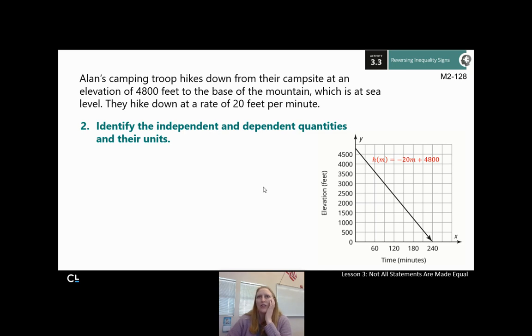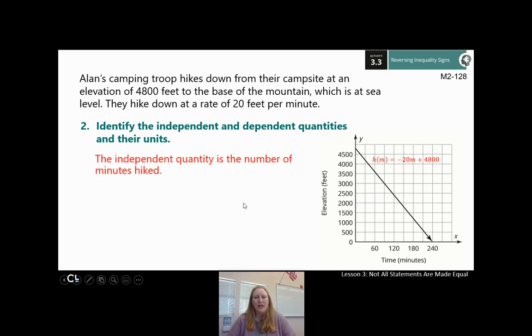Well, given the fact that the function was h of m, and also we know that the x-axis tends to be, you can totally use the graph, the x-axis tends to tell us what our independent quantity is. Well, check this out. It looks like the independent quantity is the number of minutes that we're hiking. The independent quantity is time, isn't it? It's the number of minutes that we have hiked.